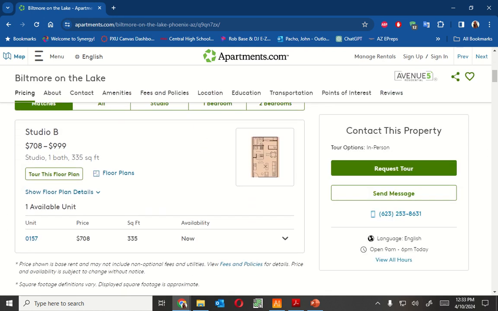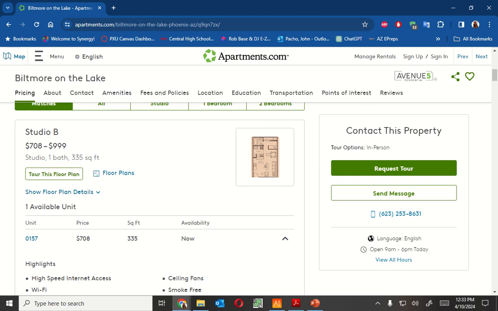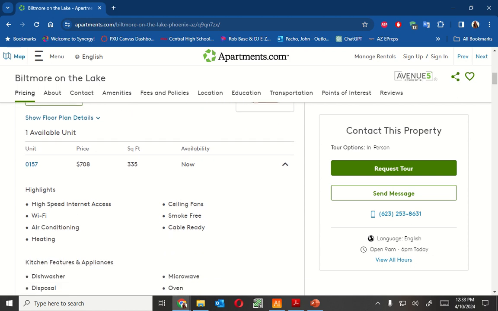There you go. Oh, here it is. This is what I was looking for. So when something is available, it actually says how much. Okay, right here. This is what we're looking for. They have something available. They say that this is $708 a month. How many square feet? 335, right? That's important. What's included?